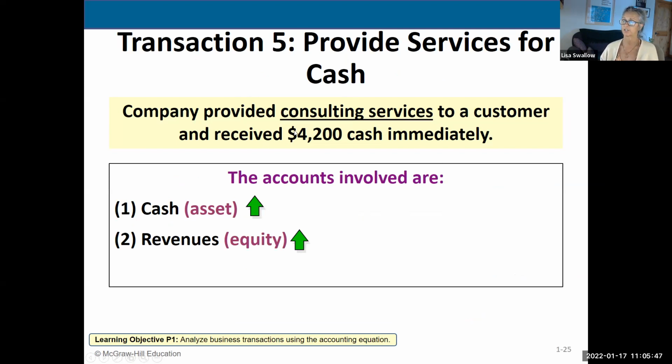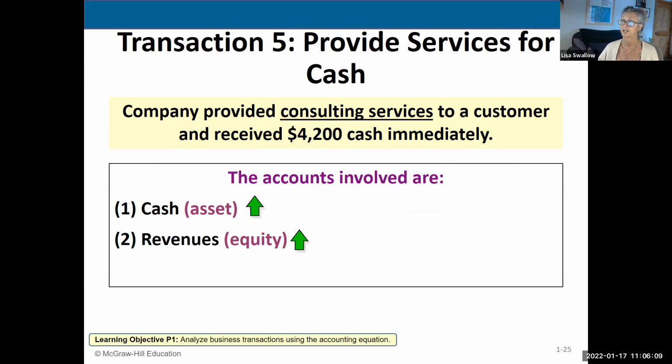I am a consultant, if you remember, web consulting. Looks like I put in 30,000 of my own money. I bought my equipment, I bought my supplies, I'm ready to roll. And now I've actually got a customer. I provide my service, and she pays me $4,200 immediately. I don't even have to bill her. She gives me the cash.